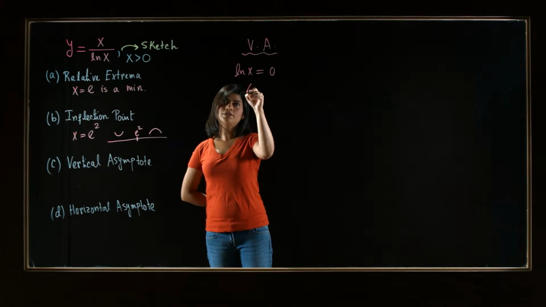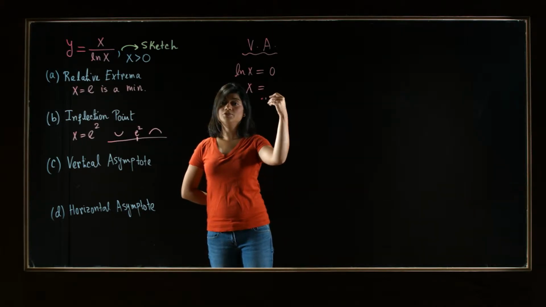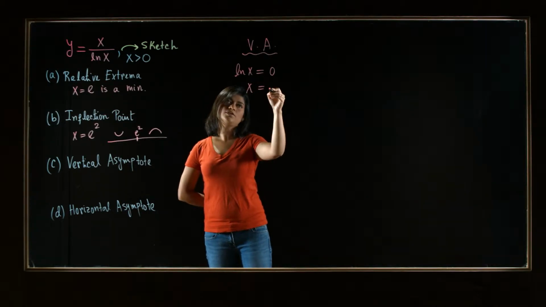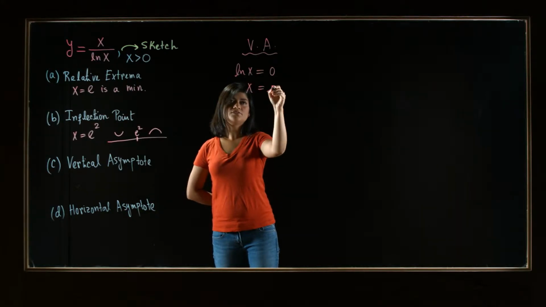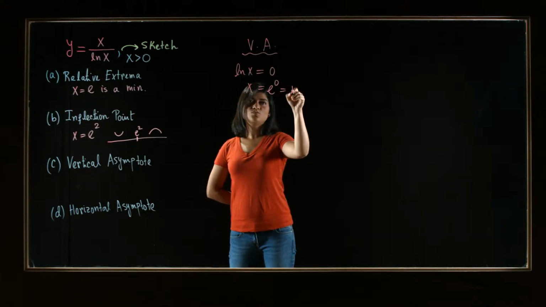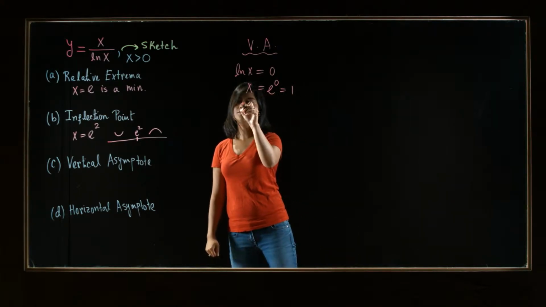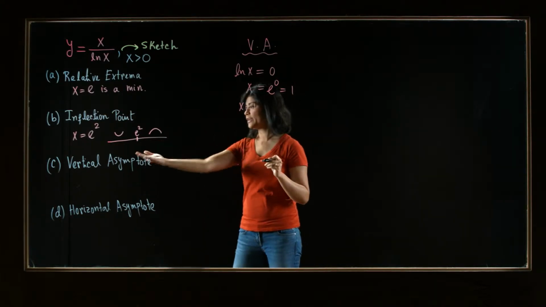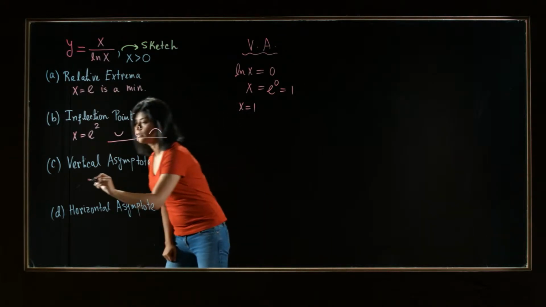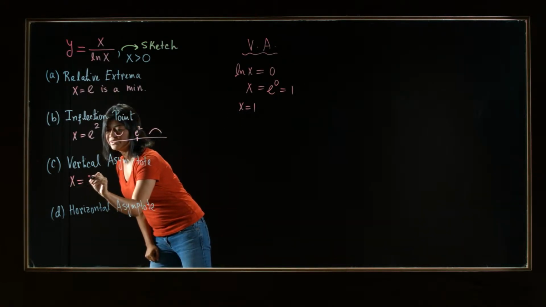You know that the solution will be x equals the base e to the power 0, and that is 1. We know that natural log of 1 is 0, so x equals 1 is a solution, and therefore x equals 1 is a vertical asymptote. All right, so let's write that down here.